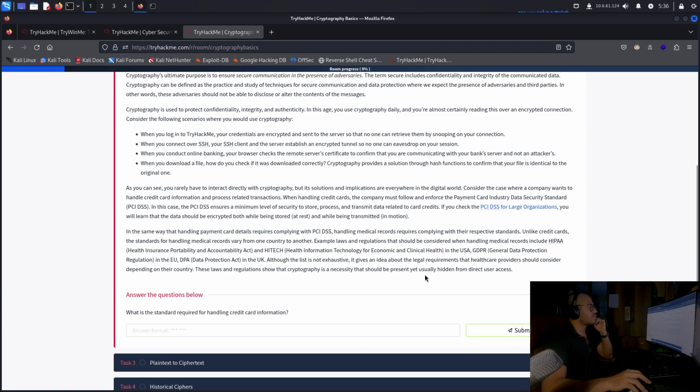Although the list is not exhaustive, it gives an idea about the legal requirements that healthcare providers should consider depending on their country. These laws and regulations show that cryptography is a necessity that should be present yet usually hidden from direct user access.